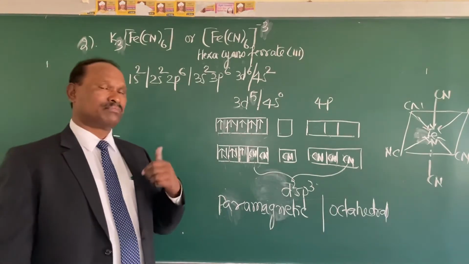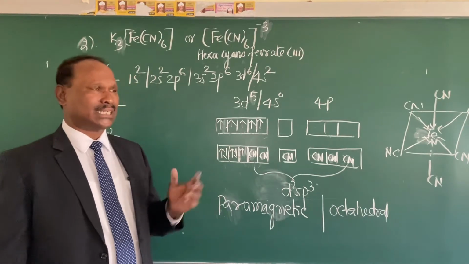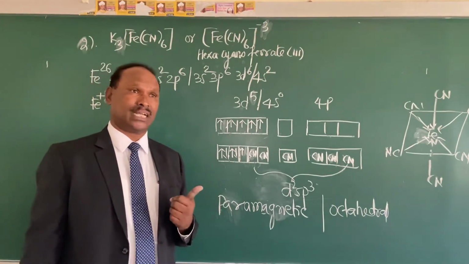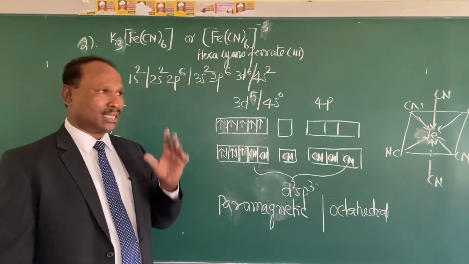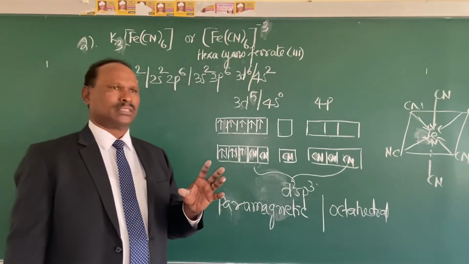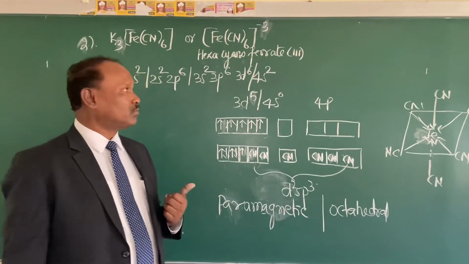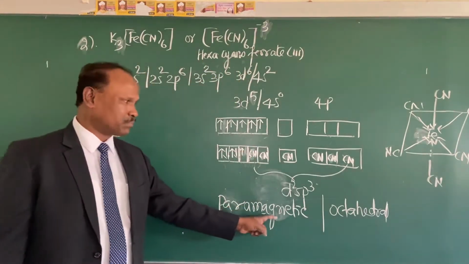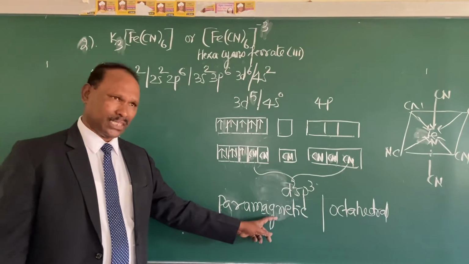So 2 compounds I have explained. One is potassium ferrocyanide, or in terms of the complex ion, hexacyanoferrate(II) complex ion. There you studied it is diamagnetic, whereas the hexacyanoferrate(III) complex ion is paramagnetic in nature.